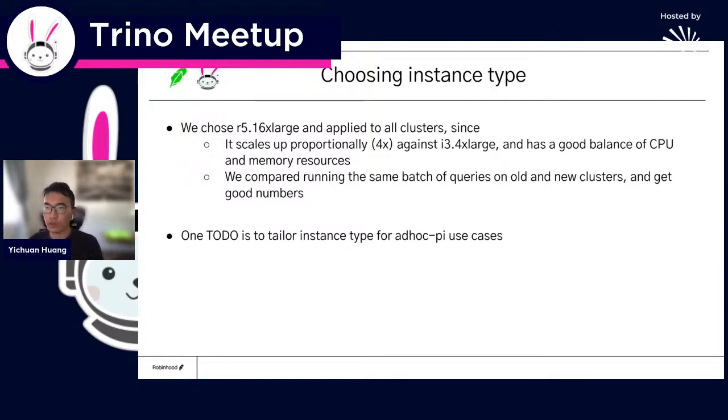So currently we are using R5 16XL universally, but in the future we want to select a compute-intensive instance type for ad hoc PI usages, for both better performance and to save cost.